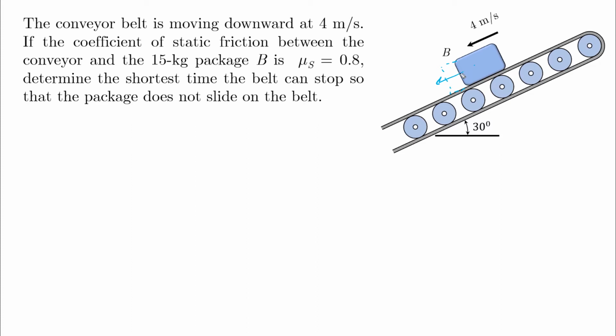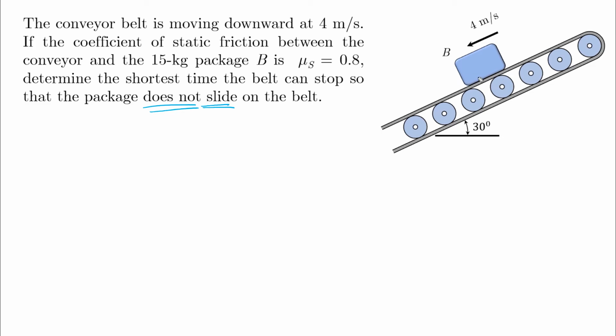But the problem is not asking us to do that. The problem wants the shortest time the belt can stop so that the package does not slide. So we want to reach the maximum static friction before this sliding or slipping happens. And this is the key to solve the problem.